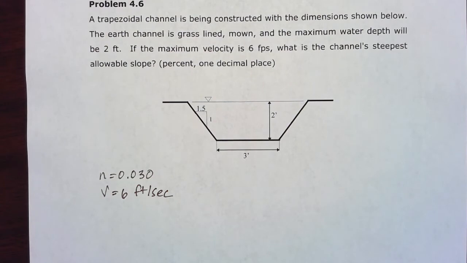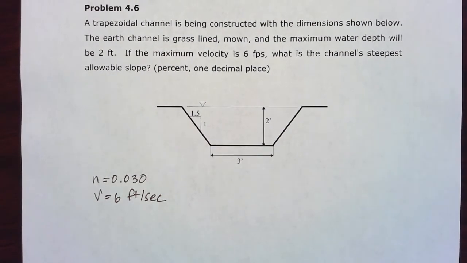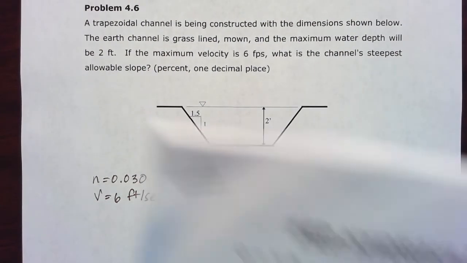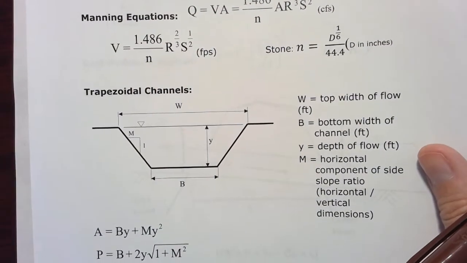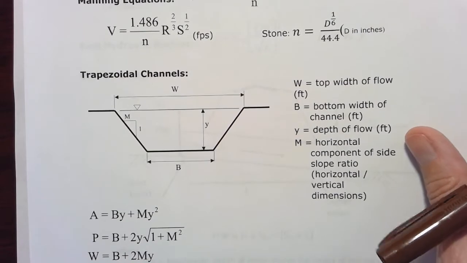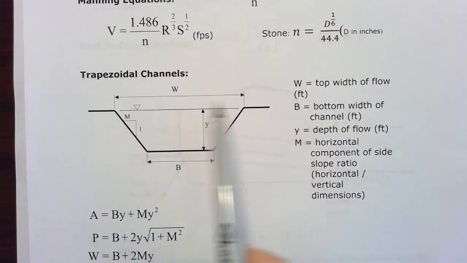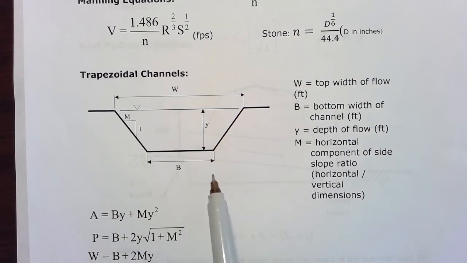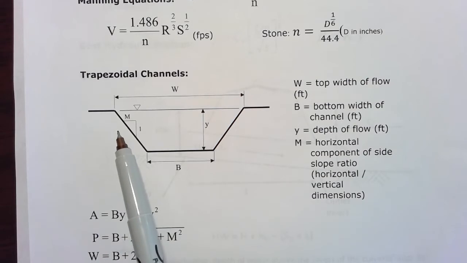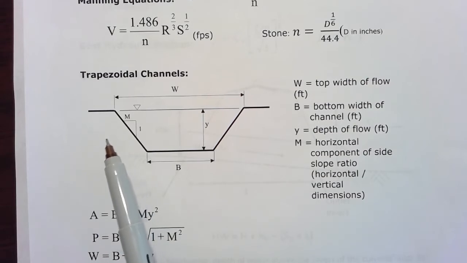So remember, we came up with some formulas using similar triangles and Pythagorean theorem about how to find the area, width, wetted perimeter, and hydraulic radius. So we said if you call this top measurement here, that's the top width of flow. This bottom width is the variable b. y is the depth of flow, and m is the horizontal component of a side slope ratio, which has horizontal to vertical components.